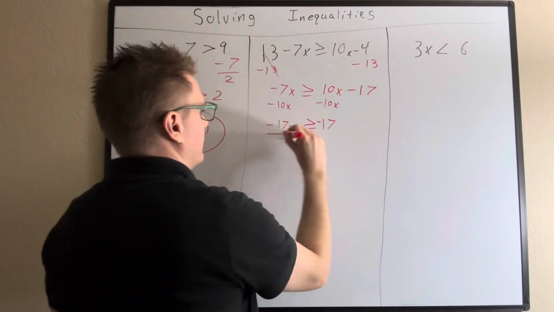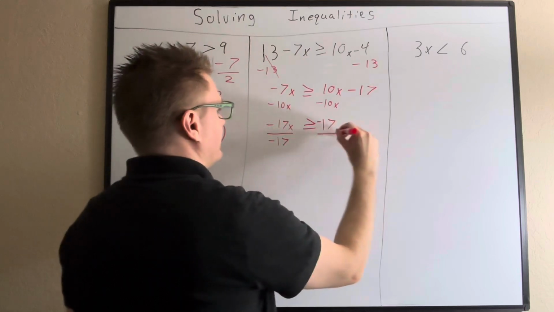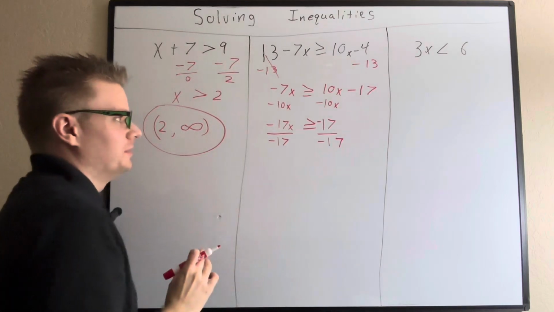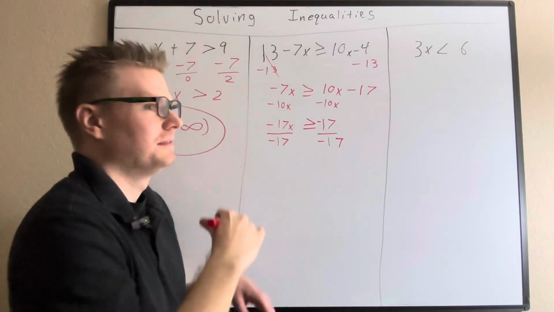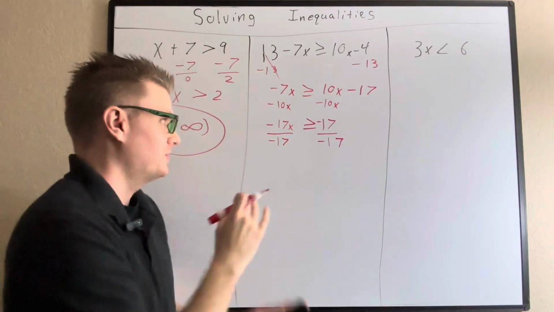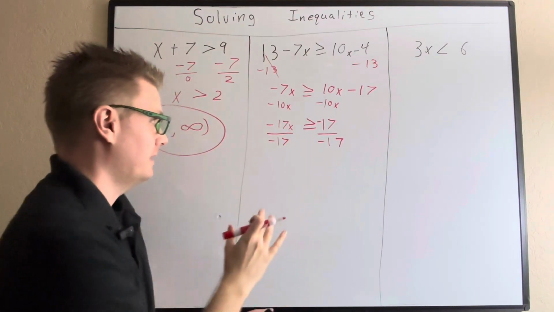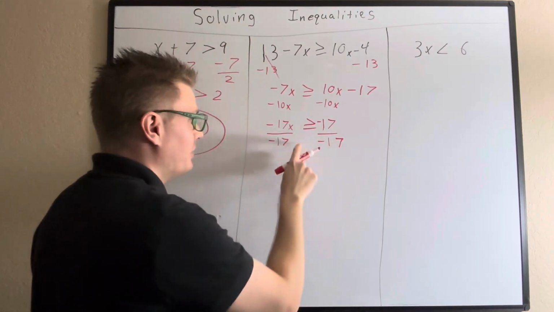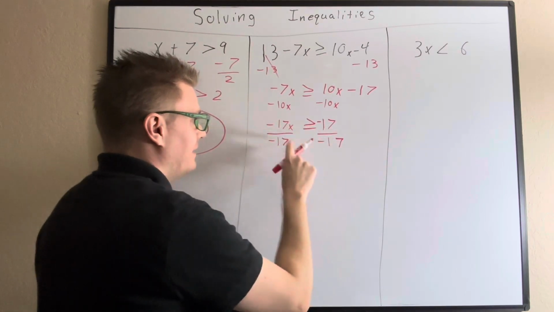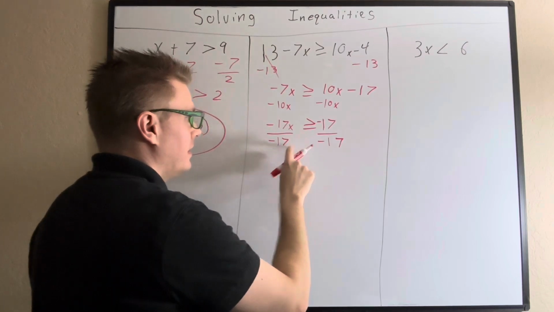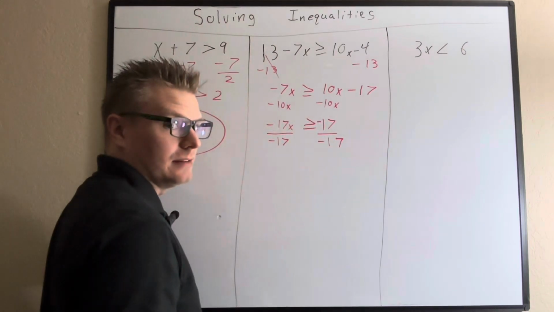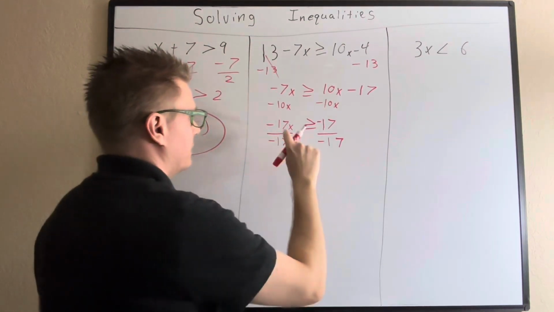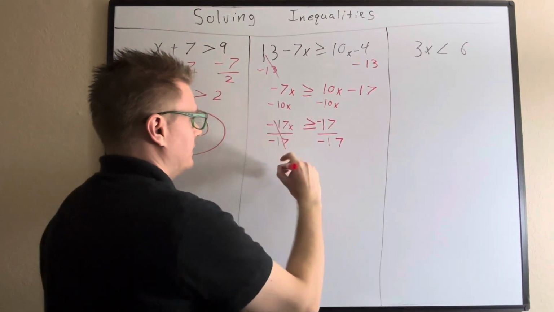Okay. Divide both sides by negative 17. This is the exception to the rule. This is where inequalities differ from solving equations. When we divide or multiply both sides by a negative number, it flips the sign. That's the only rule you've got to remember. Negative 17 divided by negative 17 is 1.